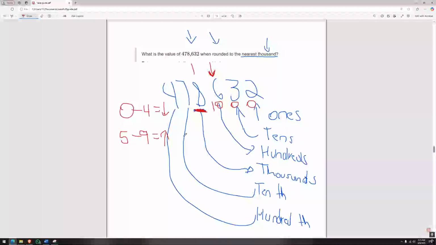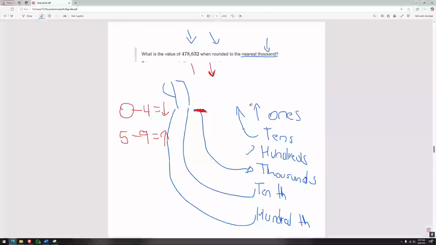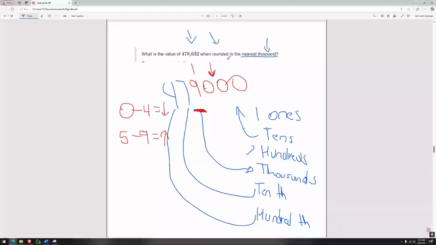So, now the equation will be, instead of 8, will be 9. Let me erase this. And will be 0, 0, 0. Es el 1000 más cercano. Se hace uno para arriba.